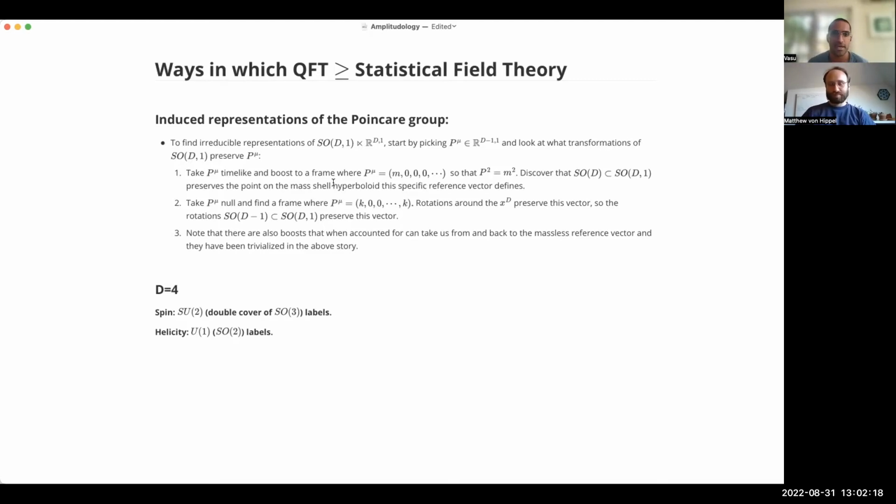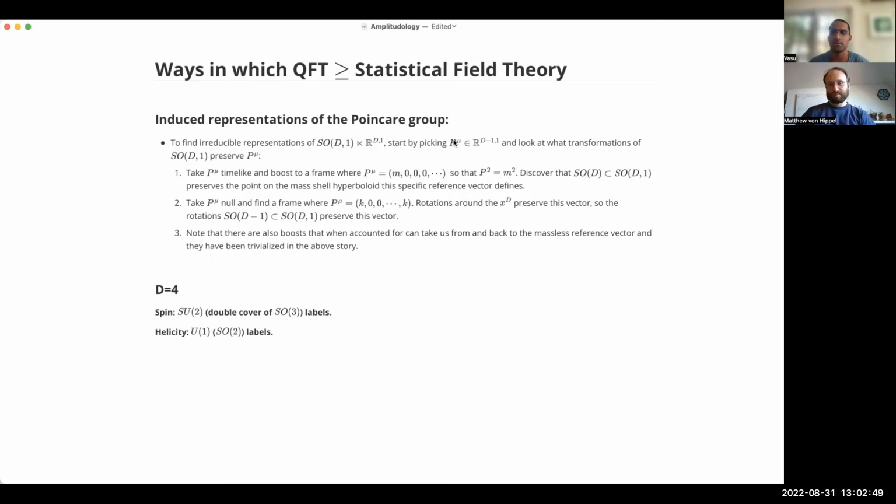But before that, just remember that if we wanted to find irreducible representations of the Poincare group, which is what we imagine particle states to really be, then we first pick a reference momentum, either time-like or null, for massive or massless particles, and then look at the subgroup of the Lorentz group that leaves said reference momentum invariant.